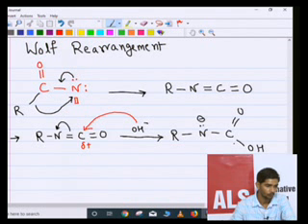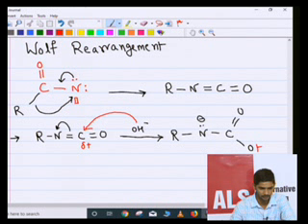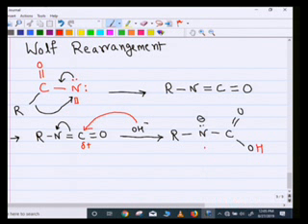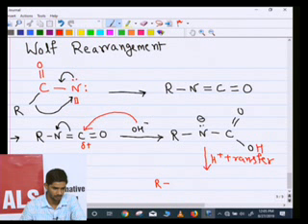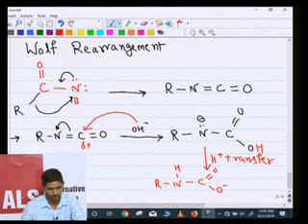Okay. What happened over here? Look at this H very clearly. Be careful regarding this H, because this H will be transferred over there. So there will be proton transfer, H plus transfer. And it will look like this. R, N, H, C, O, O minus.